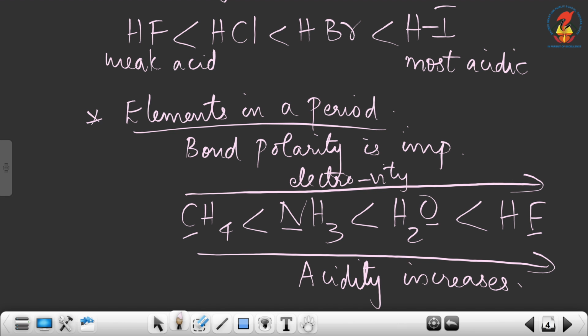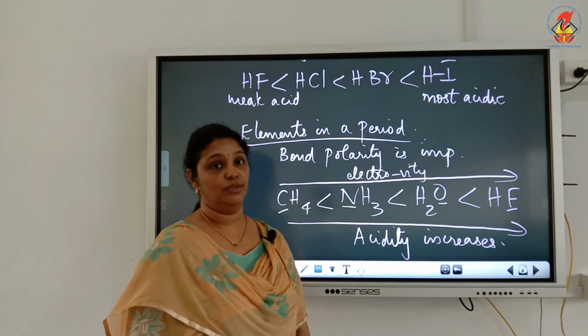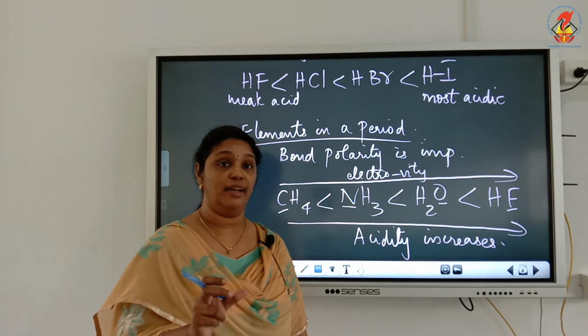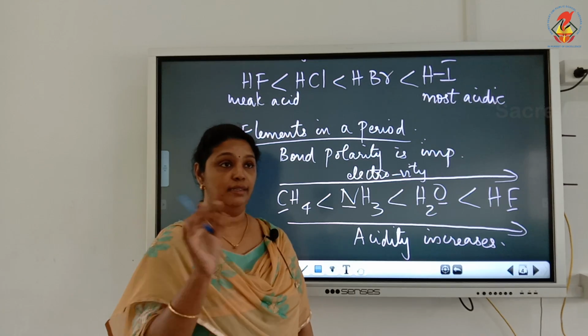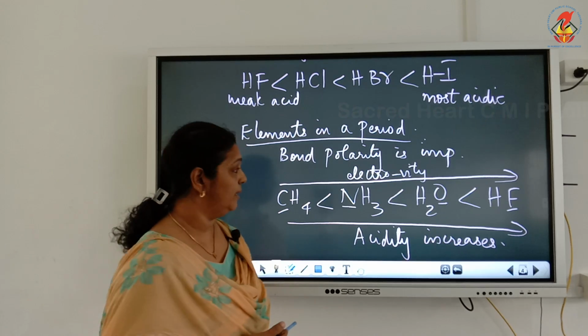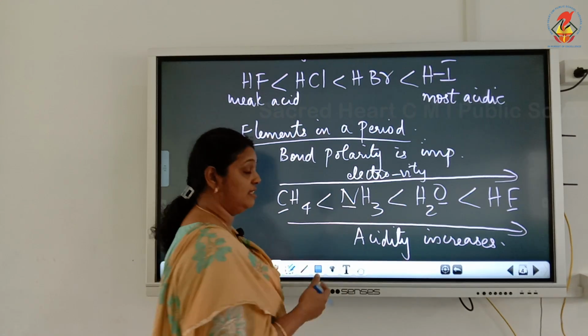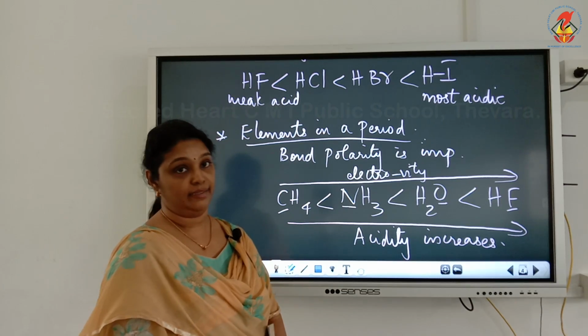This is the increasing order of acid strength for these molecules. When the electronegativity difference is very high, acidic character increases. In the same way, when the size increases, acidic character increases. So HF is the strongest acid here and methane has the weakest acidic character.